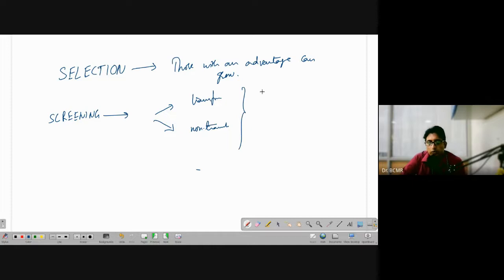But by looking at them by visual observation or by some other additional tests, we can figure out which of them is a transformant and which one is not. Okay, we can figure out those things.